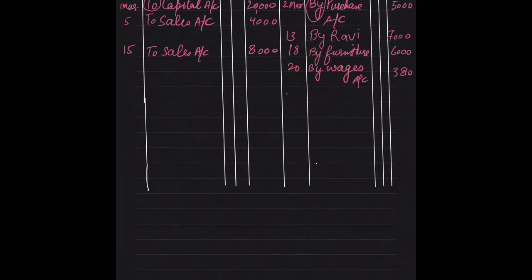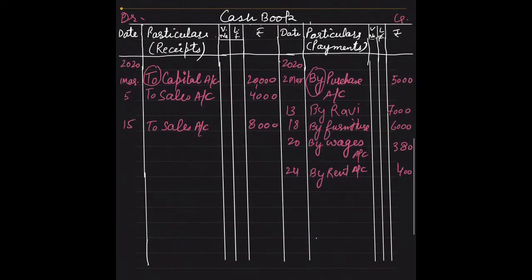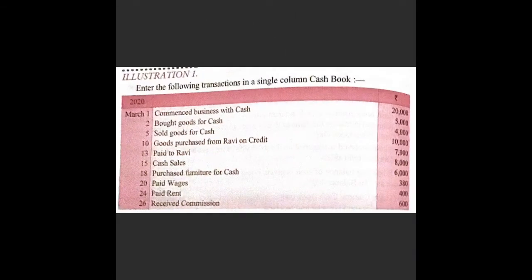Expense. 24, by rent account 400. Next is received commission. Received commission means cash is coming in. 26, to commission account 600.